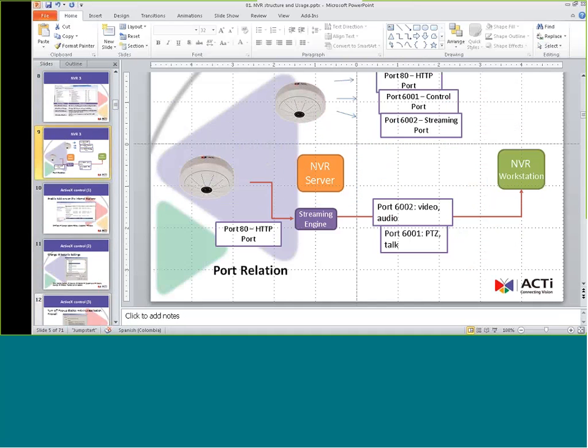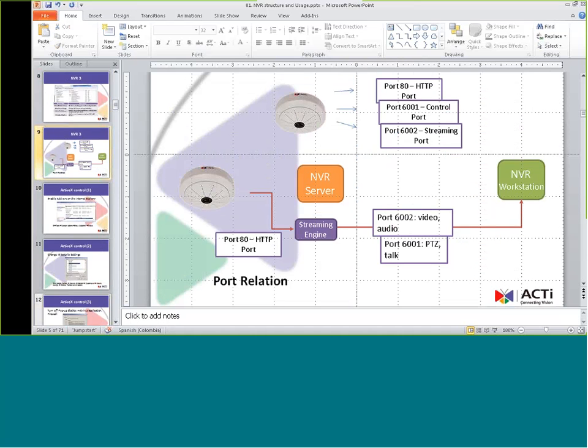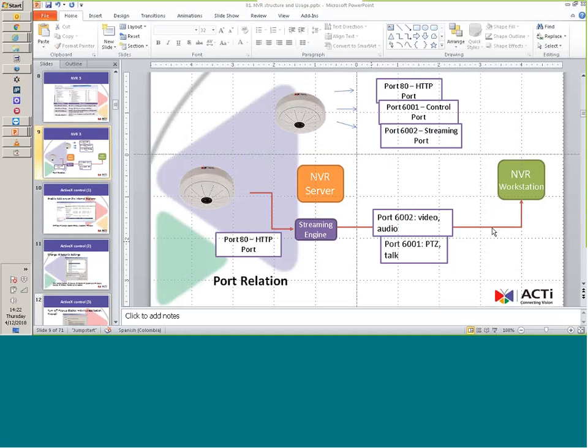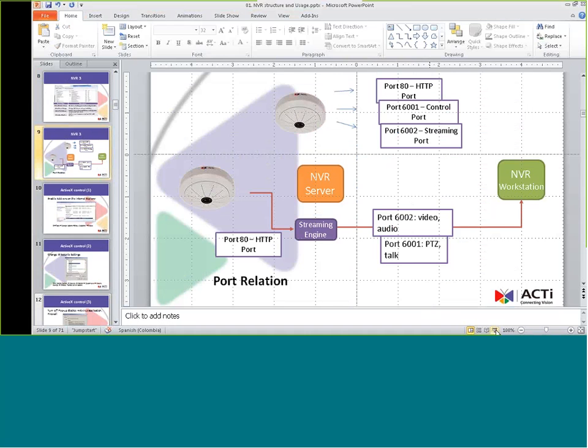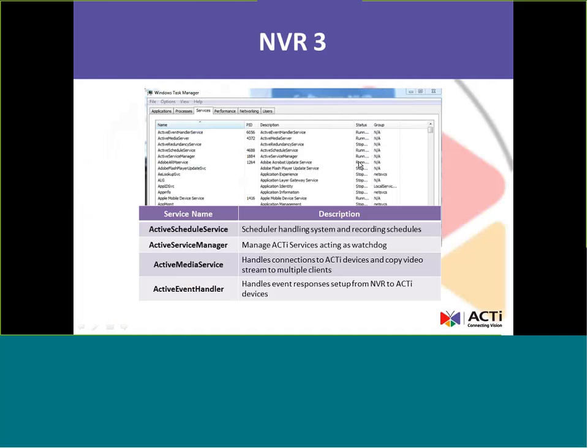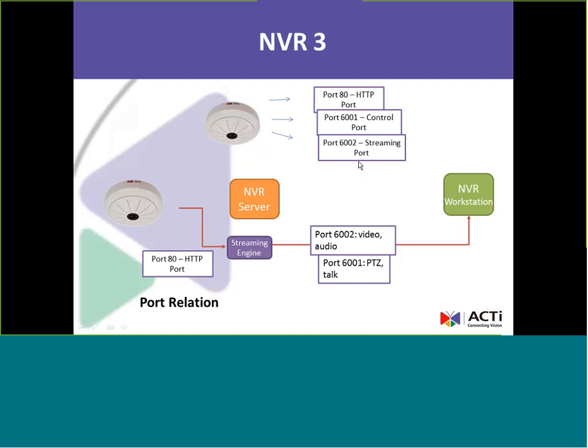Let me go here. So this is, let's say, a simplified diagram of how the cameras communicate with the NVR. The camera uses two specific ports to send the video and audio information, and in the case of the PTZ, the control of the PTZ.